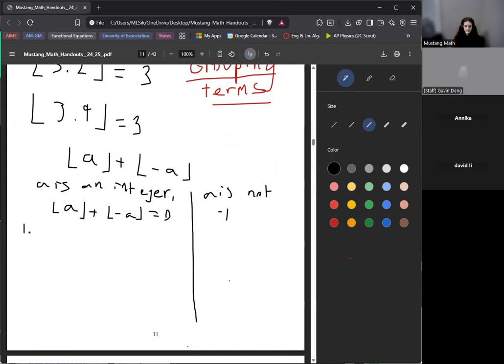So among 10 over 10, 10 over 9, 10 over 8, and so on, which of these are integers?